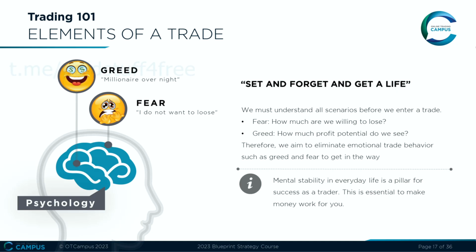Whether it's fear of losing, I don't want to lose money right now, or my risk is $100, but it's already at $50 in the negatives, and I don't want to lose more, right? Or the millionaire overnight concept, where, wow, I'm already at a 1 to 2 risk to reward. I'm already making $200 for sure. Now it's going to go to the moon, right? And we become greedy. And like the old Wall Street saying goes, bulls and bears get fat, but pigs get slaughtered, right? Unfortunately, that's the way it goes.